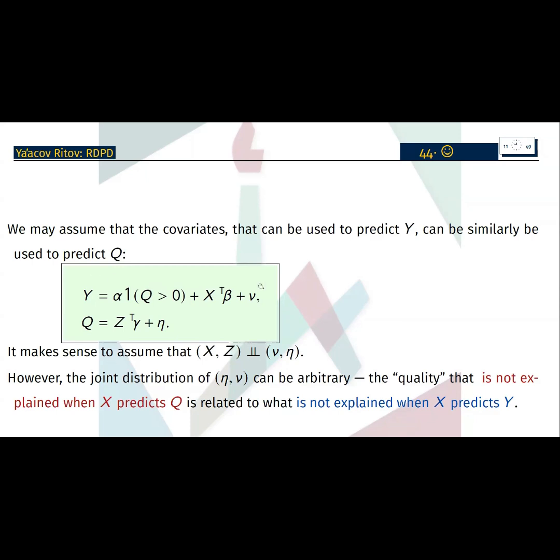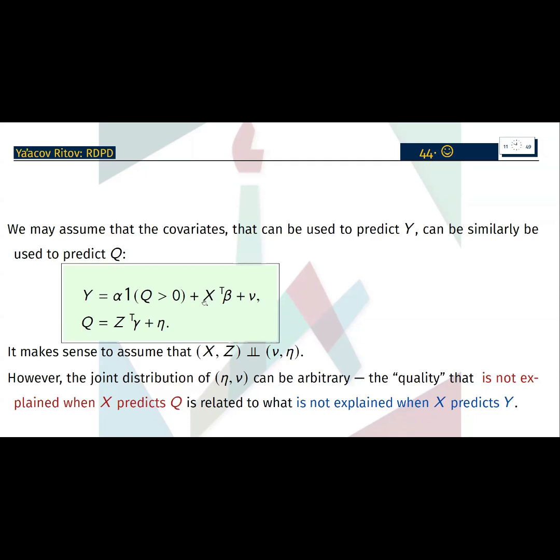And now I have these dual regression equations. The main assumption is that eta and nu may depend on each other. Probably they depend on each other, but they are independent, or at least with mean zero, given the covariates. The joint distribution of eta and nu is arbitrary.